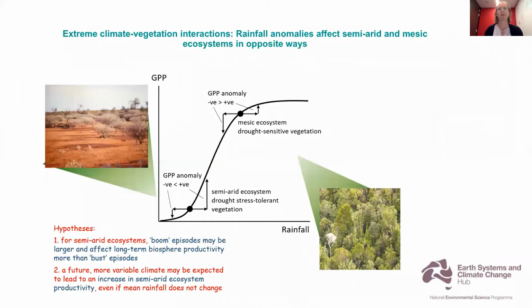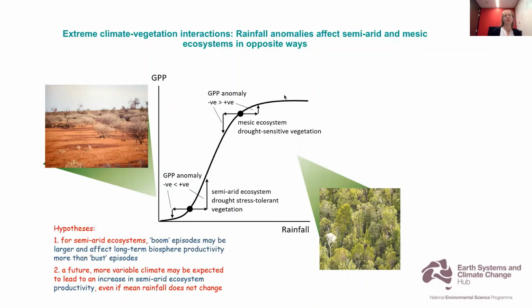All right, so now I'm going to change tack a bit and move more into the Australian context and touch on a few aspects of how the Australian land carbon sink responds or might respond to extreme climate variations. So I'll start with a couple of hypotheses.